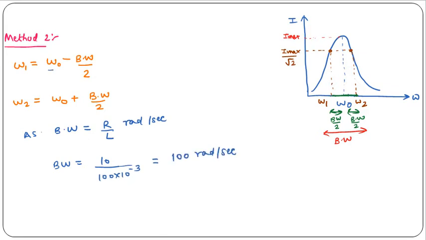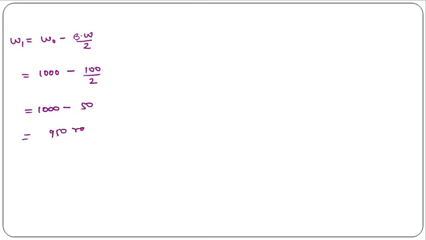Now we know omega naught and we also know the bandwidth, so we can easily find omega 1. Omega 1 will be equal to omega naught minus bandwidth by 2. Omega naught is 1000 and bandwidth is 100 by 2, so this is 1000 minus 50, that is 950 radian per second.